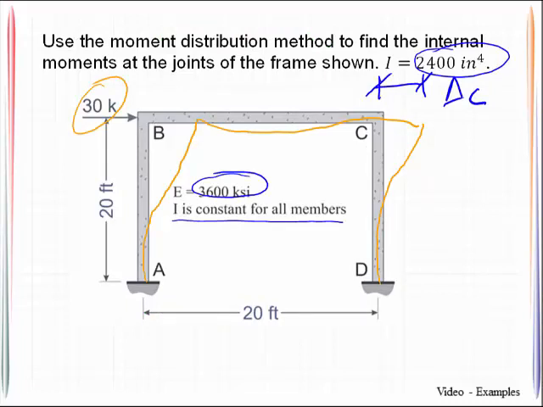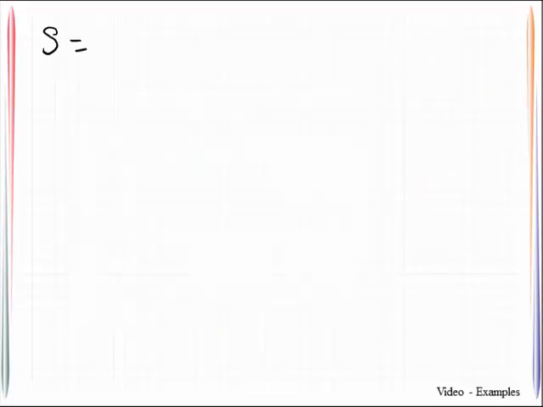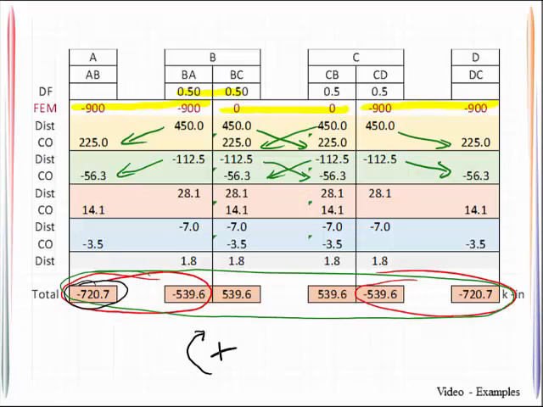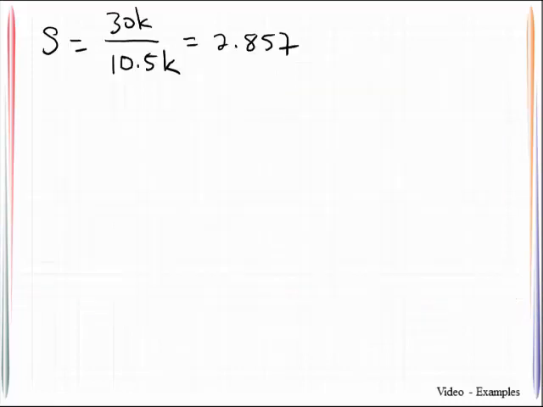So we're going to get a scale factor, which is my actual load divided by the force that would develop if we had a unit displacement, and that is 2.857. So remember, I have the responses right here due to that 10.5 kips. So if I want to know what it is for 30 kips, I will take these quantities and scale them up according to the scale factor.